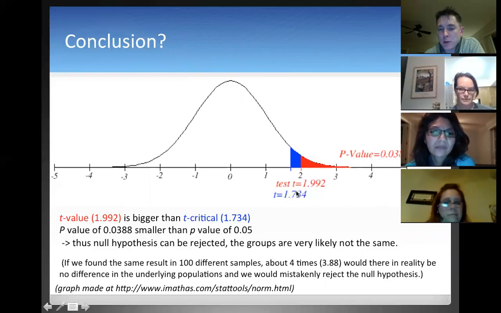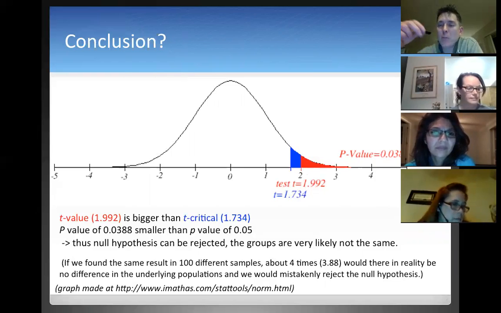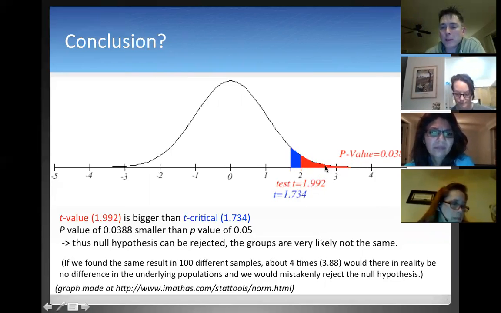So if you calculate a t-value of 1.992, you can actually calculate a p-value, a probability of getting this value. If you look at that whole red area, the probability to be in this red area is 0.0388.